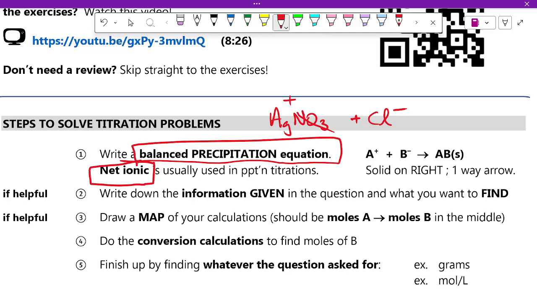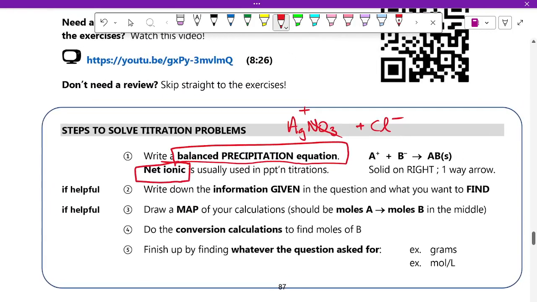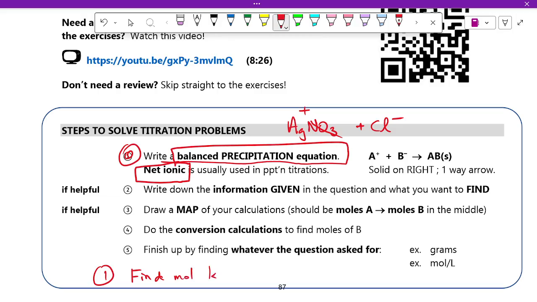Okay, there's a whole bunch of stuff here. I would say just find moles of known. This is step 0. Step 1, find moles of known. Step 2, find moles of unknown.